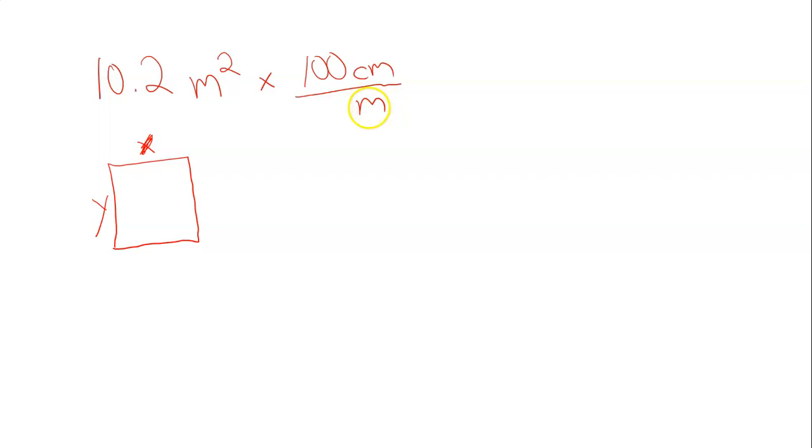Now when I go to cross out my units, I would see, oh my goodness, only one of them cancels, because this is meters times meters. So when I divide by meters, I can only cross out one and I'm still left over with the meters. If I just stopped at this point, I wouldn't be converting into square centimeters. I'd be converting into some weird hybrid unit of meters times centimeters. So that should be a red flag that you need to keep going and you're not finished yet.